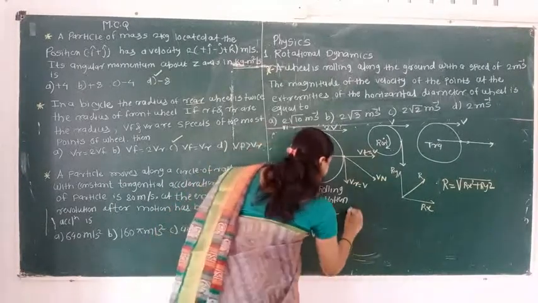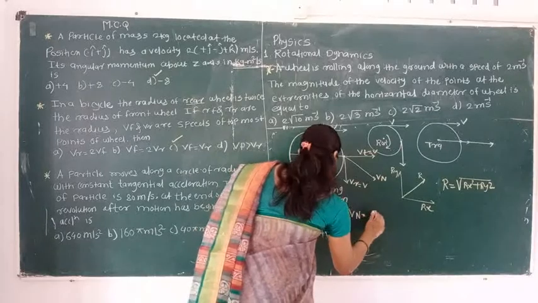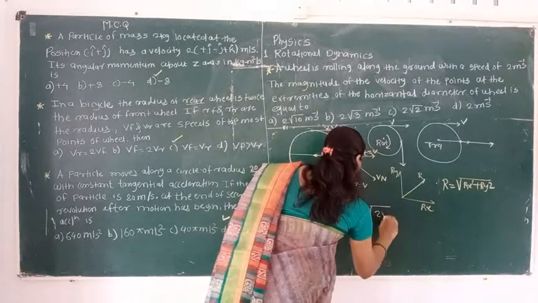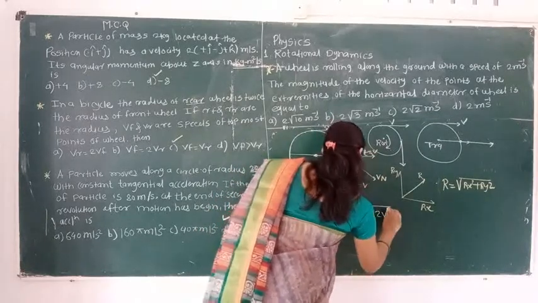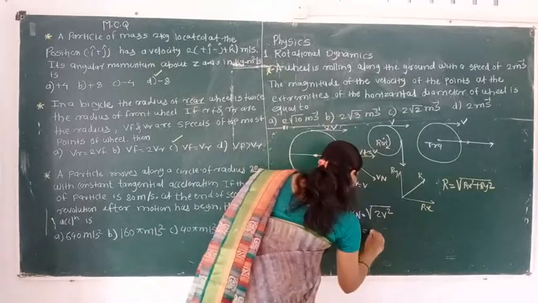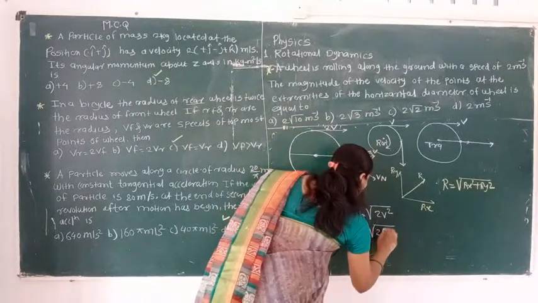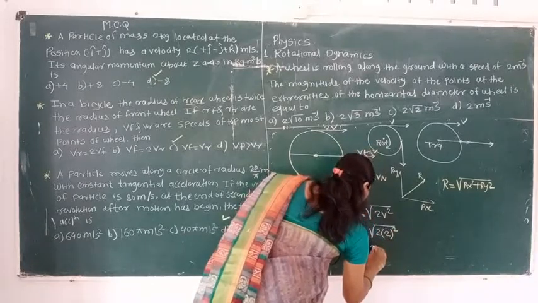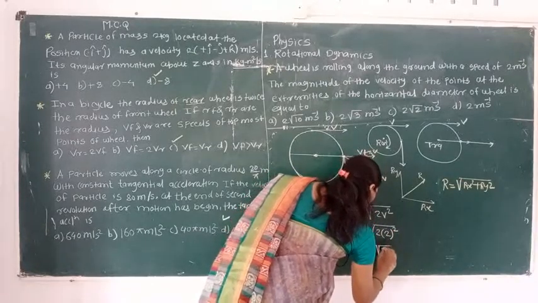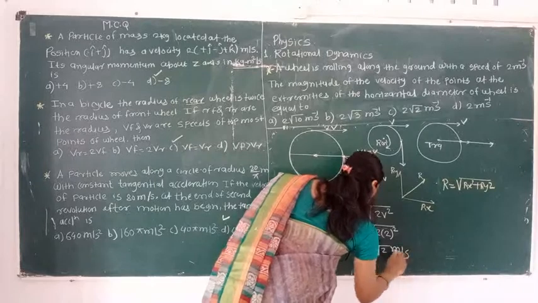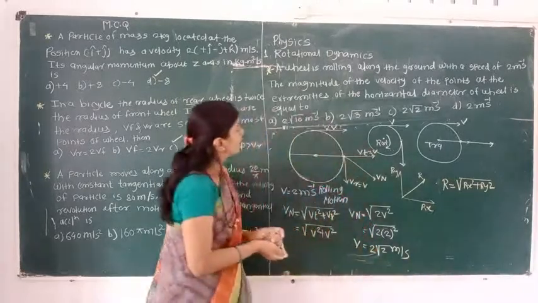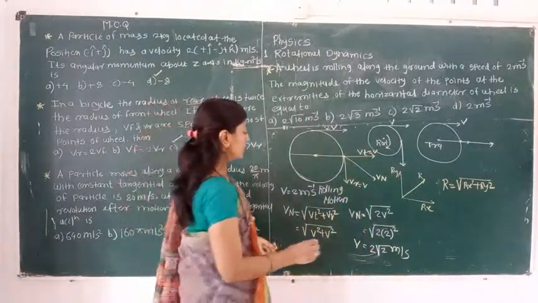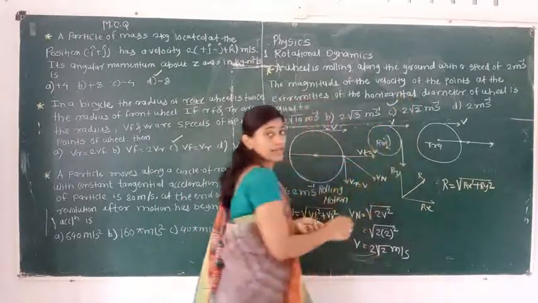Finally Vn is equal to the square root of 2 V square. The value of V is 2, so the square root of 2 into the square of 2, which gives 2 into root 2 meter per second. So this is the value of the velocity, and I think the third option is correct.